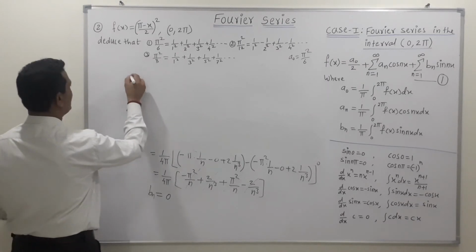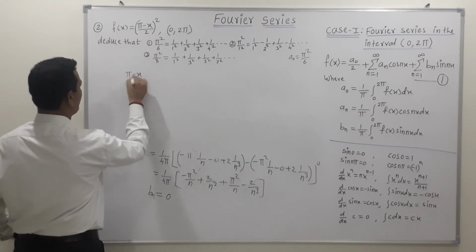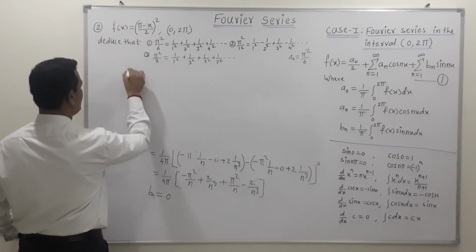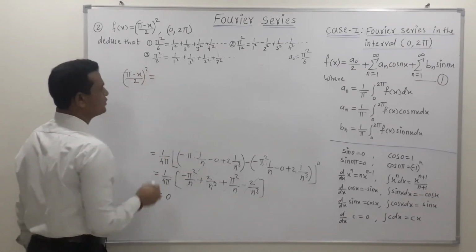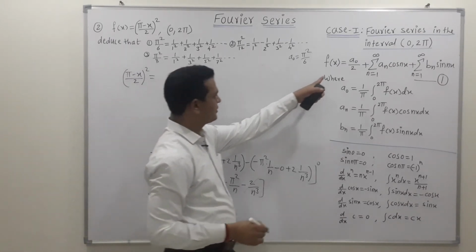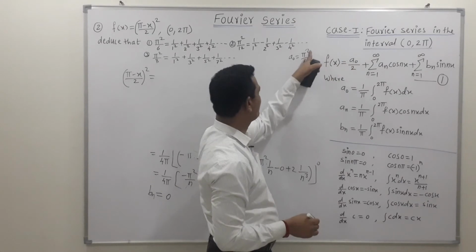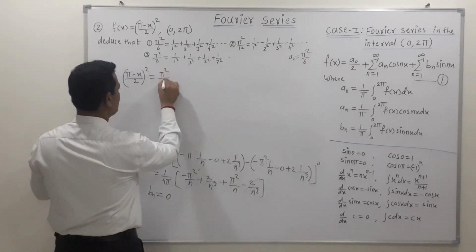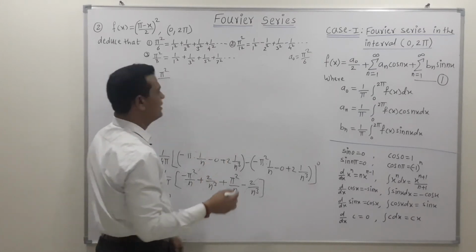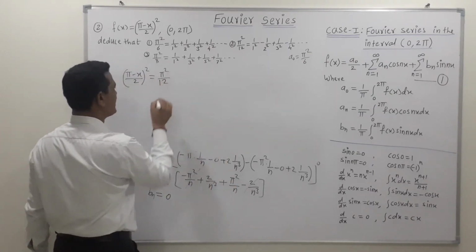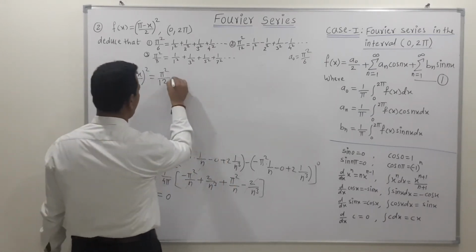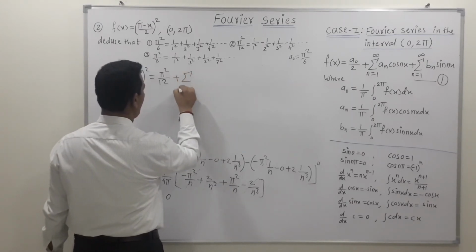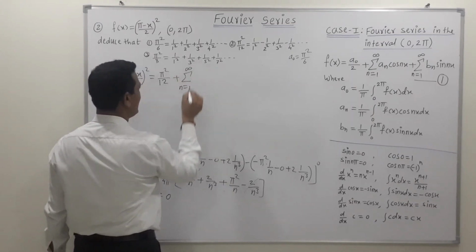So equation 1 is, this is pi minus x upon 2 its square is equal to the first coefficient A0. The value of A0 is pi square upon 6. We can write this as pi square upon 6 divided by 2. That means we can directly write this as pi square upon 12 plus summation n is equal to 1 to infinity.